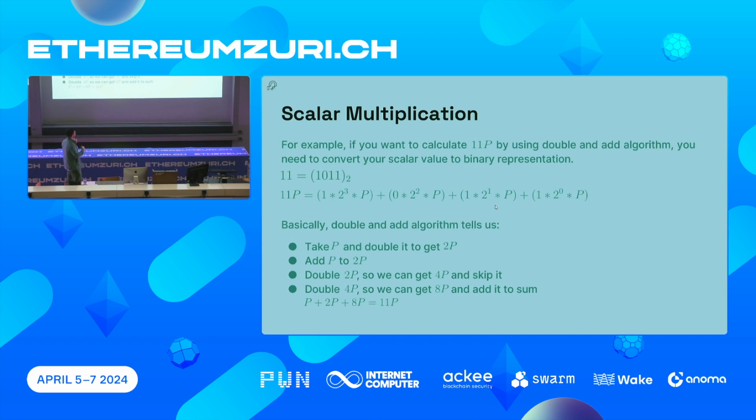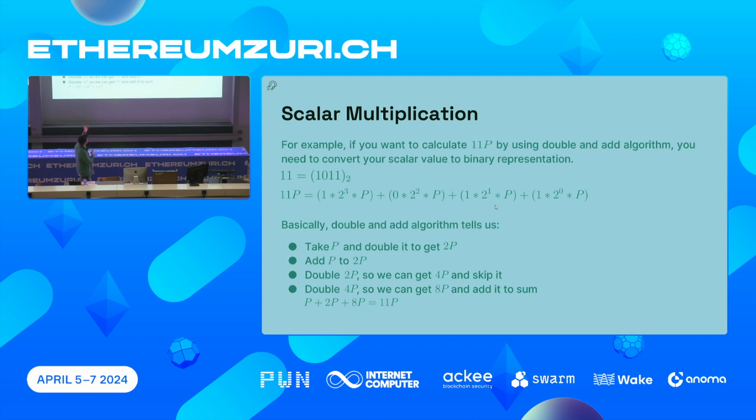We have a good algorithm to calculate these 5Ps, 10Ps, or millions of Ps. You can calculate it very easily. We call this scalar multiplication, but technically it's just addition done in a good algorithm.